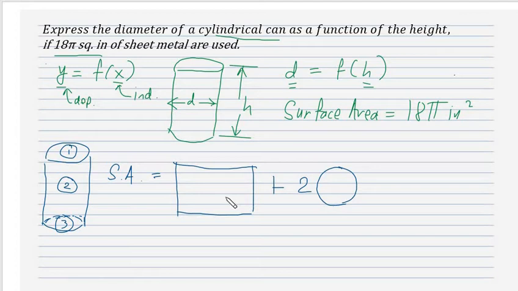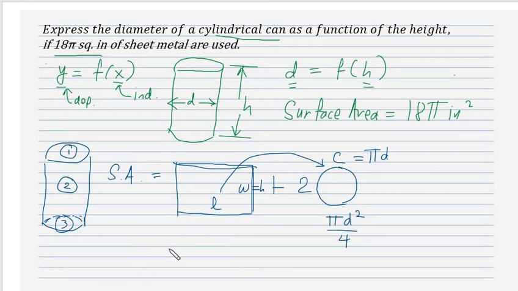Okay, so the circle is very easy. That is pi d squared over 4, while the rectangle, basically, is length times width, but the length of the rectangle is equal to the circumference of the circle. Okay, the length here, that is actually the circumference. So circumference is pi d, and the width here is the height.